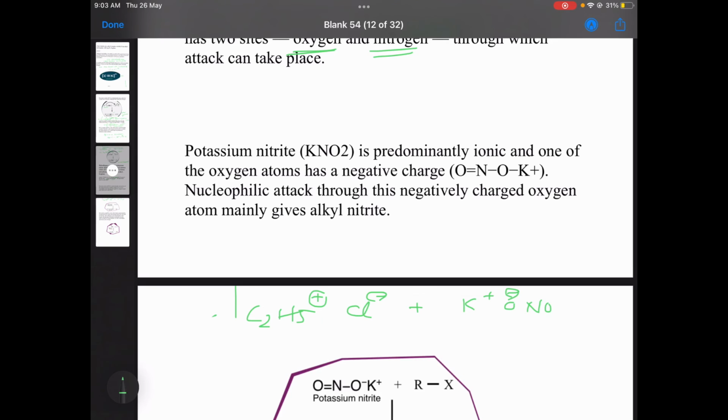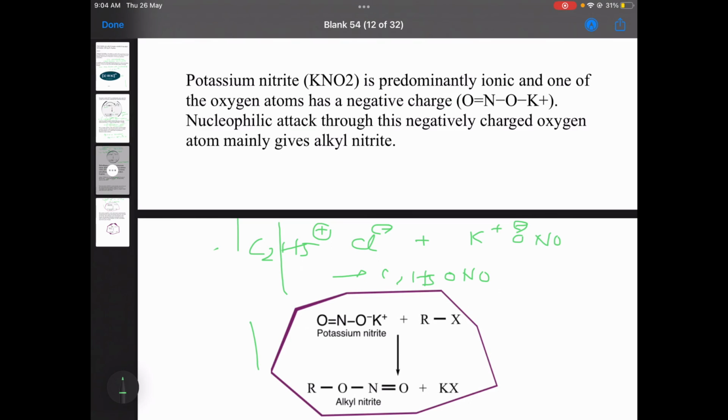Why not K+ and NO2-? Because oxygen is more electronegative than nitrogen, you can segregate into K+ and ONO-, and that gives C2H5ONO, and KCl is out. This is called alkyl nitrite.